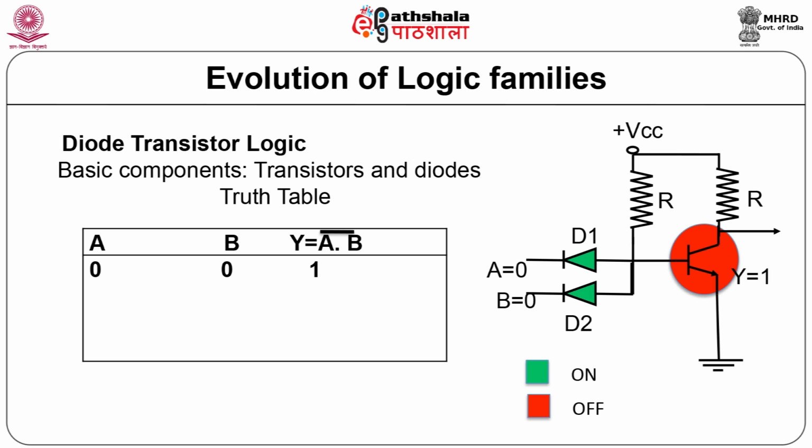So, output will be logic 1. When A is equal to 0 and B is equal to 1, then diode D1 is on but D2 is off as it is reverse biased, and transistor will be off. So, output will be logic 1.